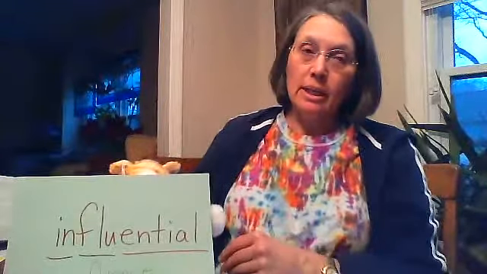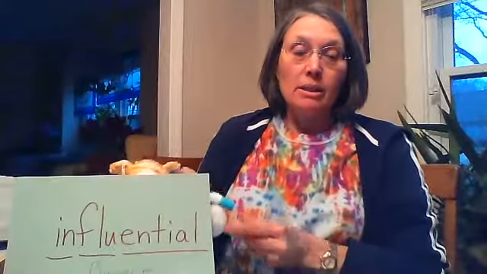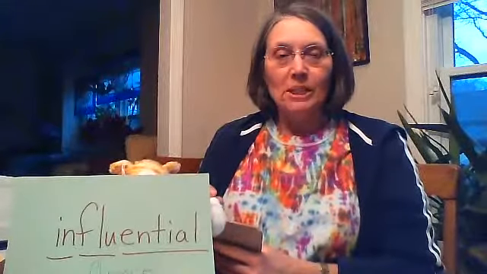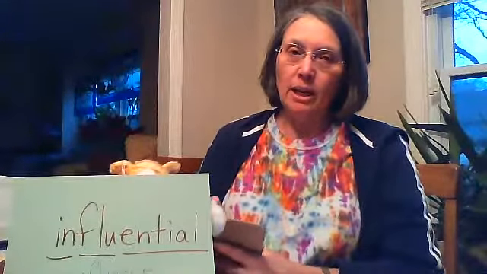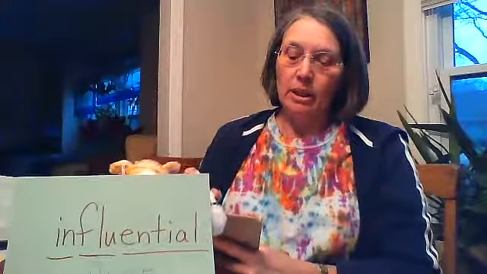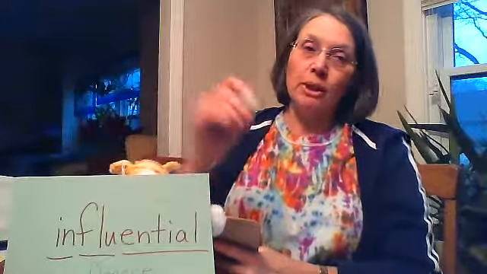The sentence I came up with for Malcolm X is: Elijah Muhammad was an influential person in Malcolm X's life. I'm going to write that sentence down, and then you can write your sentence.